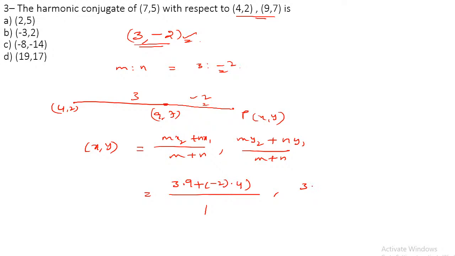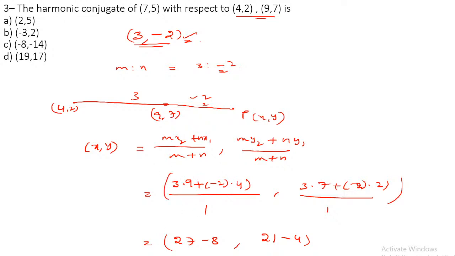And m is 3 into y2, which is 7, plus -2 into y1, which is 2, by m plus n, 3 minus 2 is 1. So this is equal to 27 minus 8, 21 minus 4. So this is equal to (19, 17).